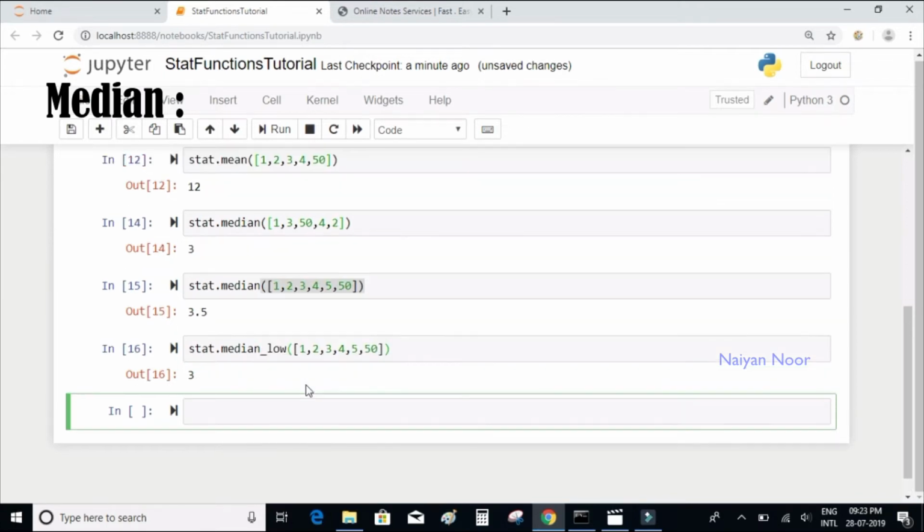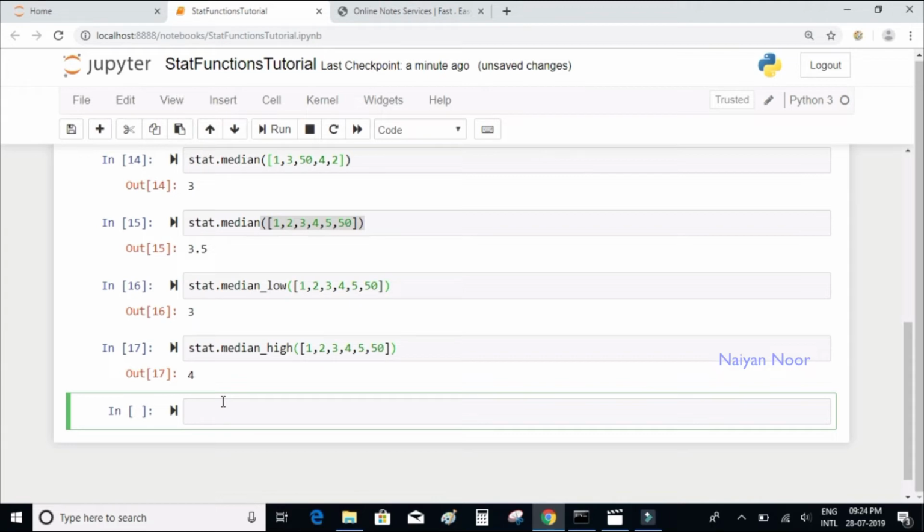It will return 3. And if we want the higher number when there are two numbers, we can make use of median_high.